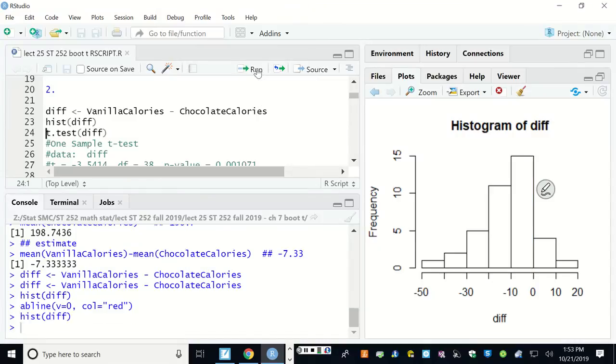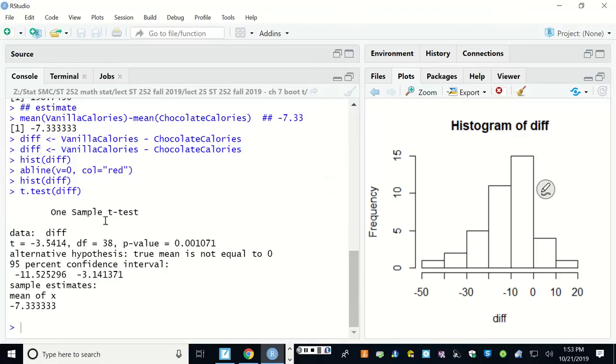So if we do an ordinary t-test, it runs and we get these results. There were 39 different brands. The average difference, taking vanilla minus chocolate, was negative 7.3, which means that chocolate was more. And here's our 95% confidence interval based on a t distribution.